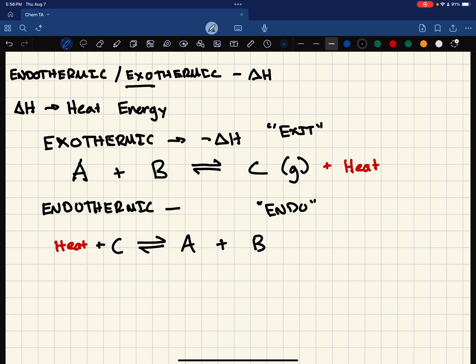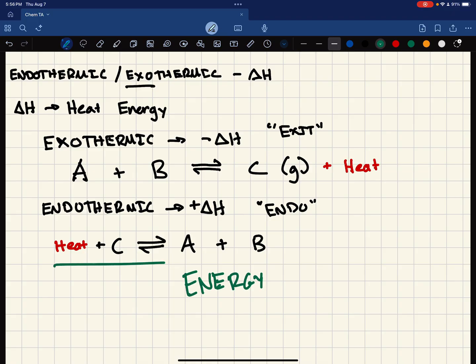So delta H is going to be positive, right? You're inputting heat into the reaction, and then you're creating these. So in this case, the products here are going to have more heat energy than the reactants. So this is lower energy, and this is higher energy over here.